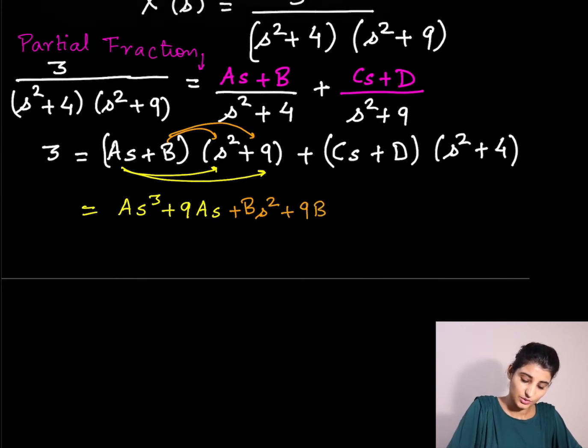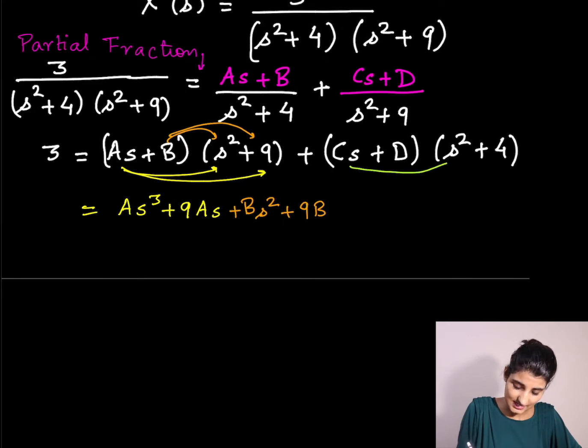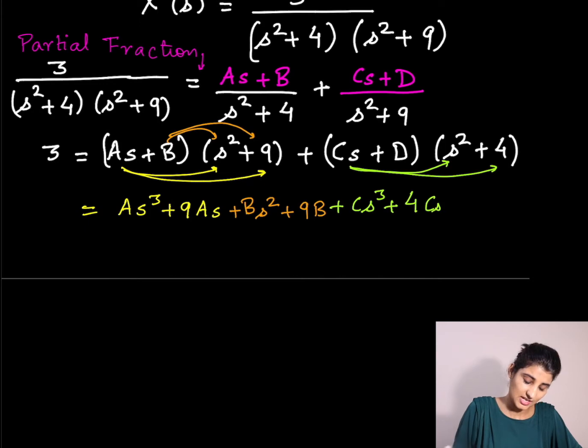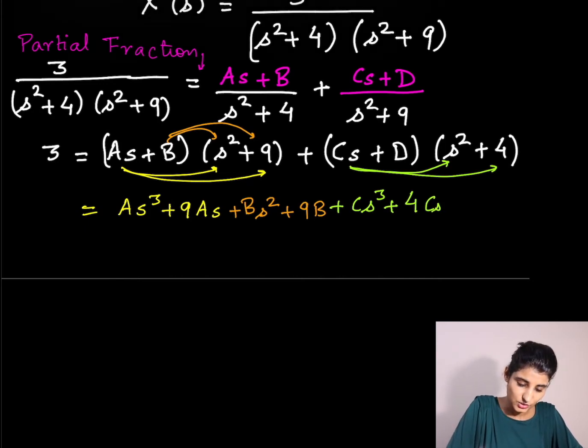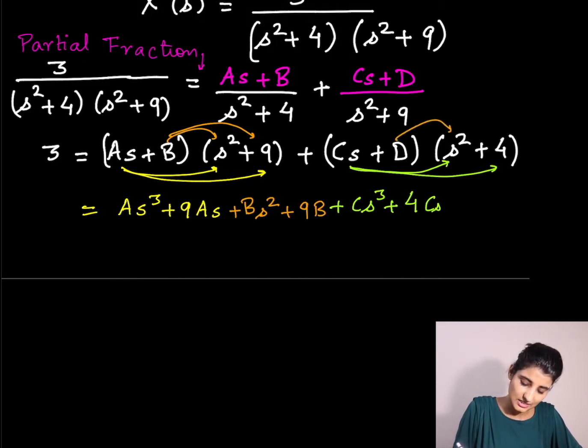Then we distribute cs, we will get cs cube plus 4 times cs. Then we will distribute our d and we will get ds square plus 4d, right?